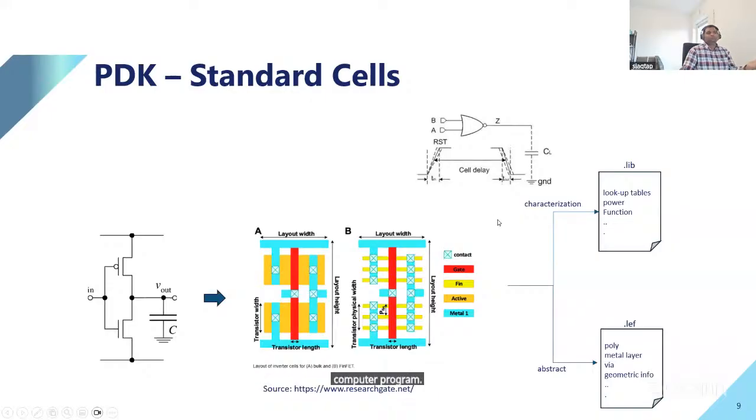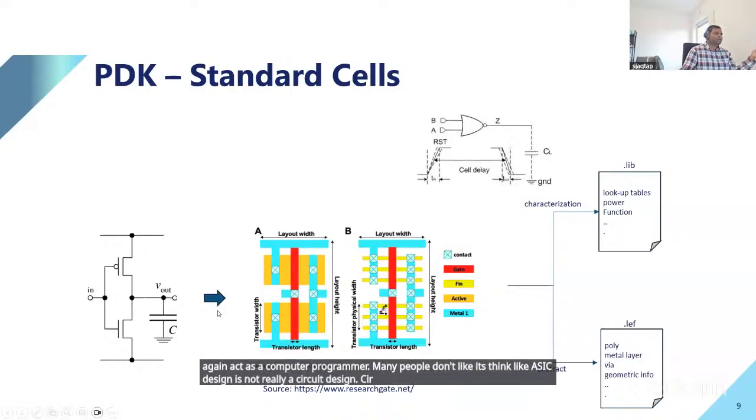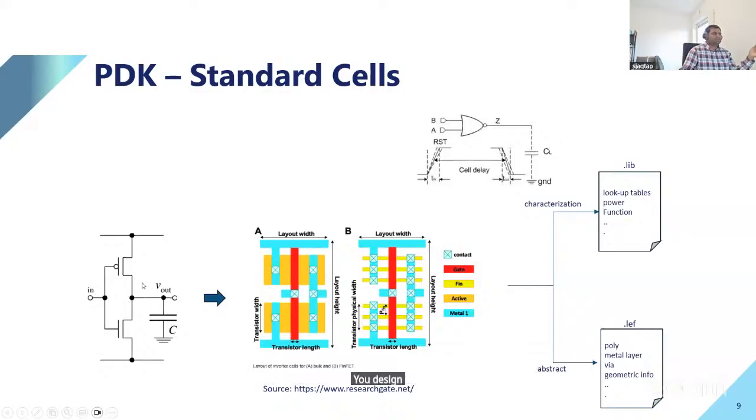And you, as a user of that EDA tool, again act as a computer programmer. Many people don't like it and think ASIC design is not really circuit design. Circuit design is more like designing standard cells, inverters, AND gates, memories, op amps, oscillators, regulators, low noise amplifiers. So this is actually circuit design. This is one level up.